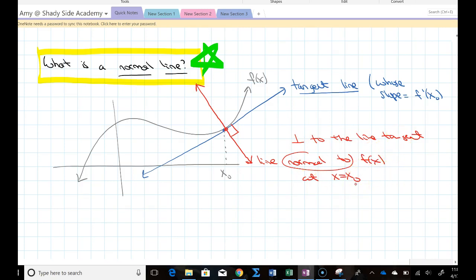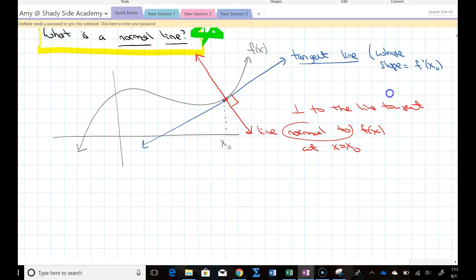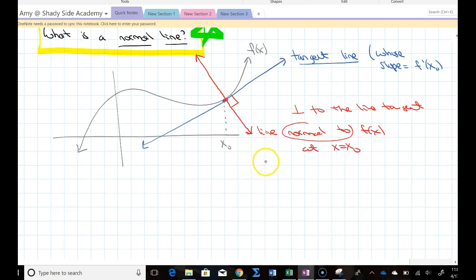But what's interesting here is if we call the tangent line, in blue, we know the slope of the tangent line is f prime of x naught. You know that perpendicular lines have what relationship between their slopes, ladies and gentlemen? What is the relationship between the slopes of perpendicular lines?